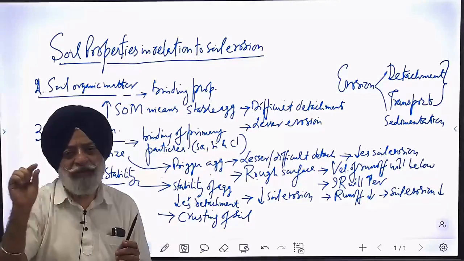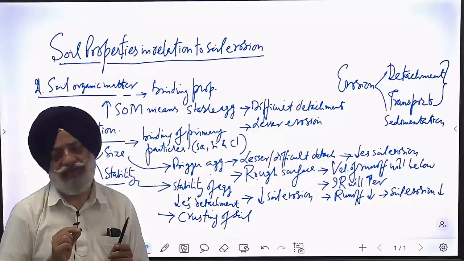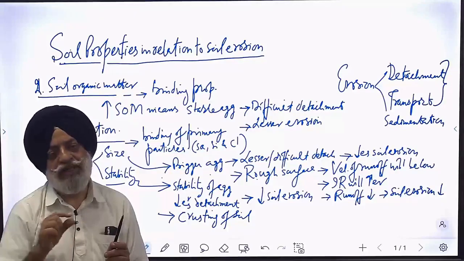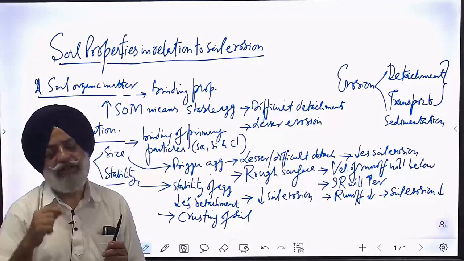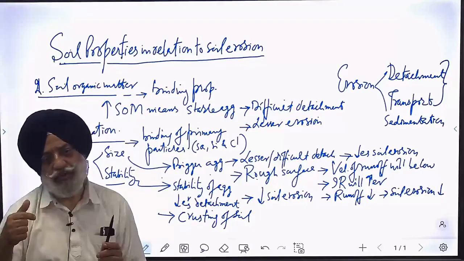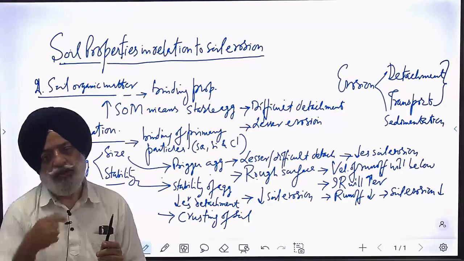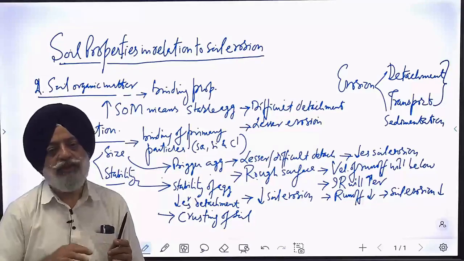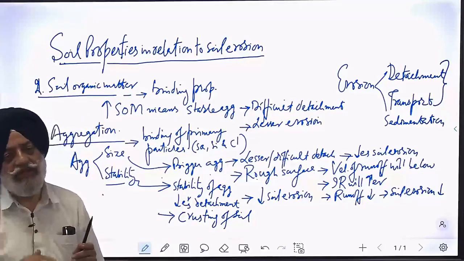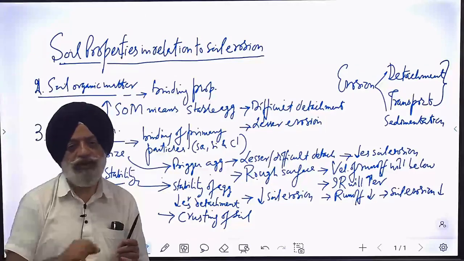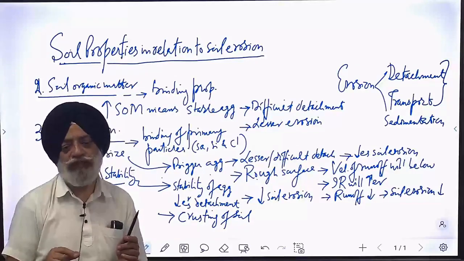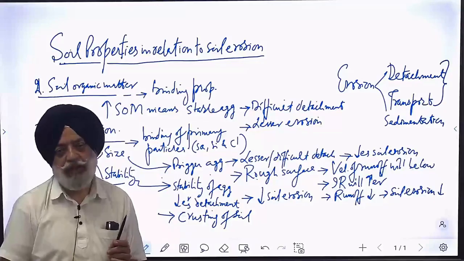So, a thin compact layer is formed at the surface of the soil, which we call soil crust. Its bulk density is higher as compared to the lower layer. So, sometimes if you have sown the crop and immediately after sowing there is rainfall, a sort of crust will be formed and germination will not be possible.